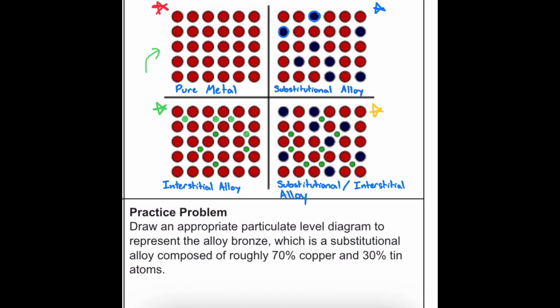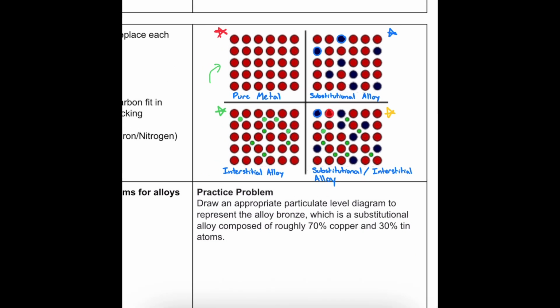You're seeing a substitutional / interstitial alloy, which has multiple different metal atoms in it. We see some of the original red ones, we see some of the blue ones subbing out in place of some of the red ones, and we see those little green dots have squeezed into that empty space in the middle of all of those metal atoms.